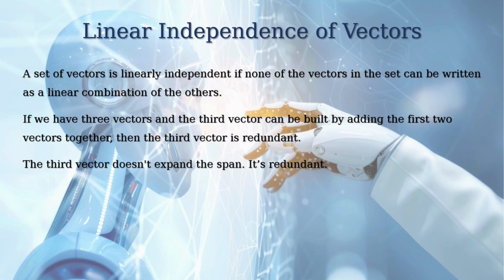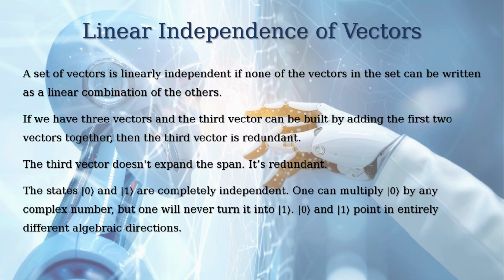The third vector in this case does not expand the span. The states K0 and K1 are completely independent. One can multiply K0 by any complex number, but one will never turn it into K1. K0 and K1 point in entirely different algebraic directions.